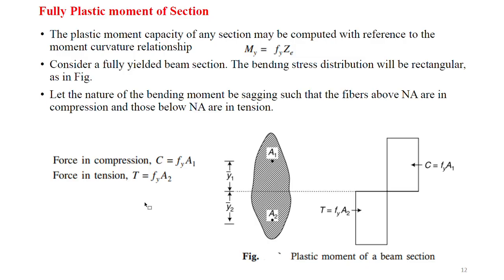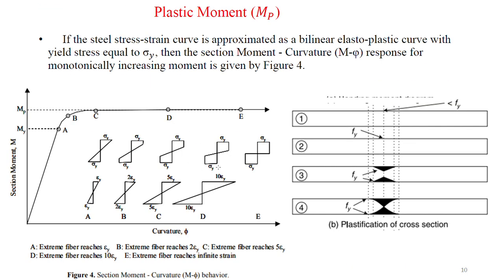Okay, this is regarding plastic moment. And when the section is a fully plastic section, you can't see any linearization of these portions. Up to point D you can see the bilinear curves, but in case of a fully plastic section, you can't see any linear sections.